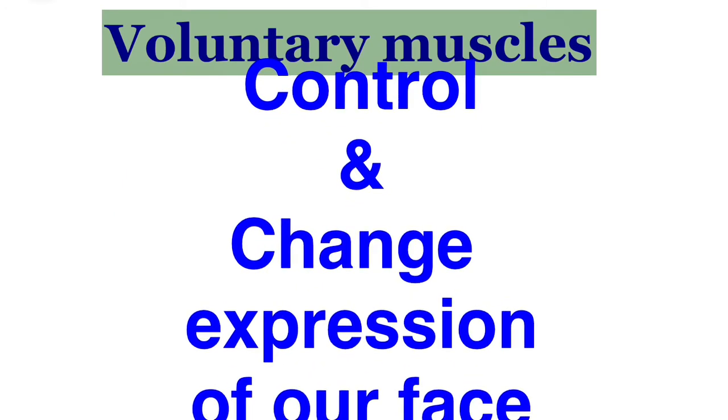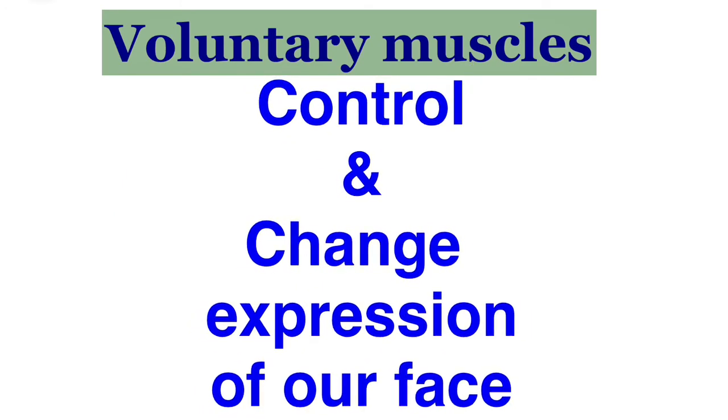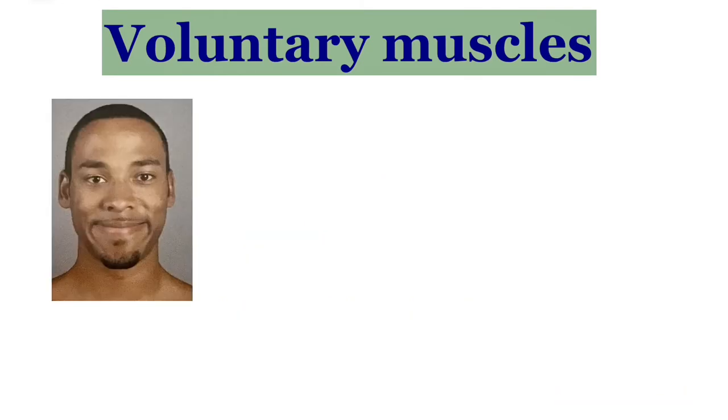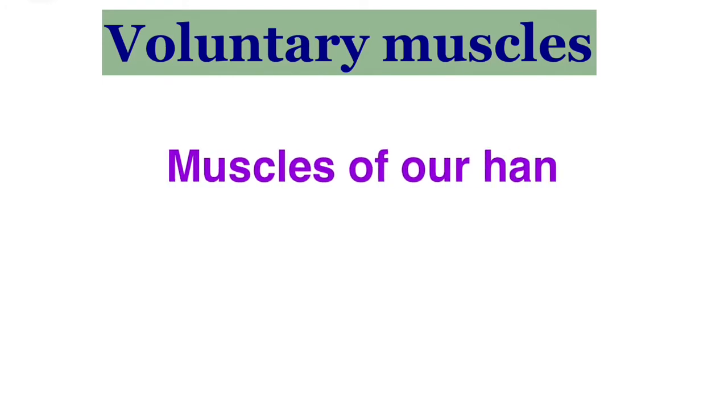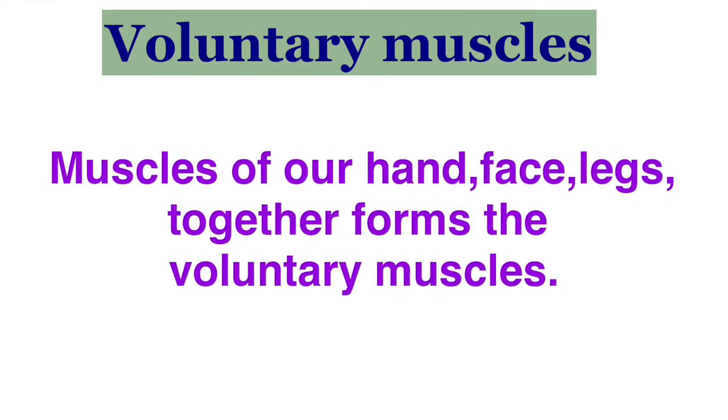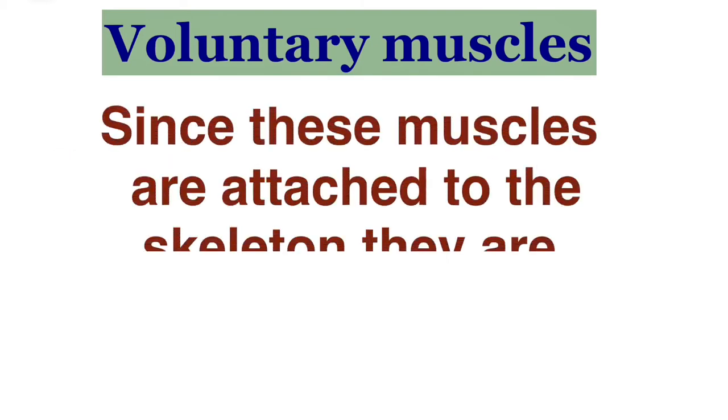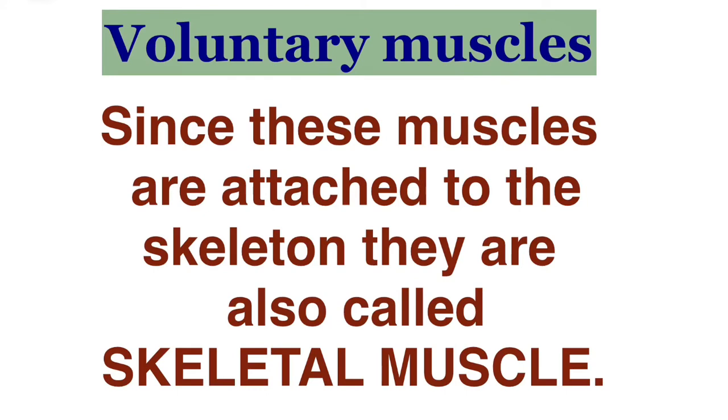We can control and change our expression of the face when we are happy, when we are crying and when we are angry. Isn't it so? These are the muscles of our hand, face and legs, which together forms the voluntary muscles. Since these muscles are attached to the bones, that is the skeleton, they are also called as skeletal muscles.